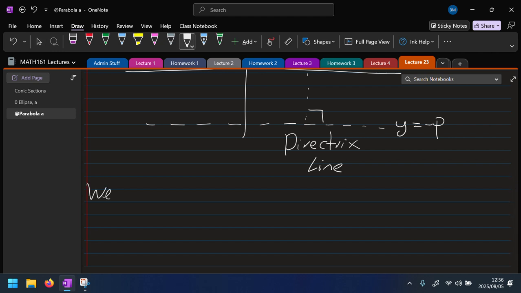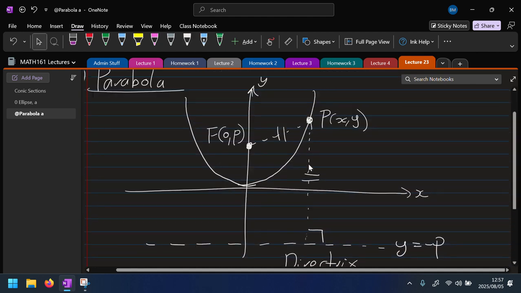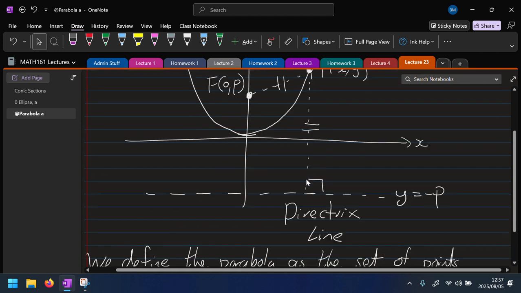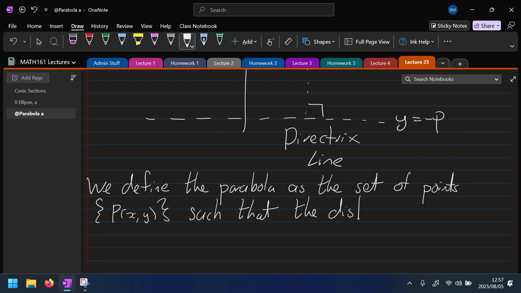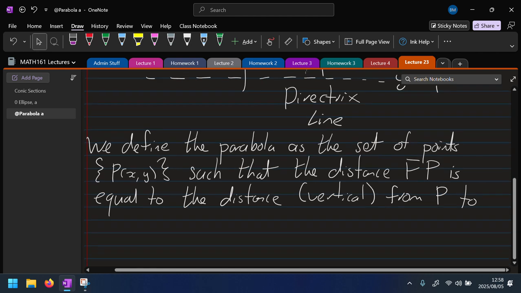Okay, so let's write it out. So we define the parabola as the set of points P such that the distance from F to P is equal to the distance, that's the vertical distance, just to emphasize that, from P to that directrix line at the bottom.